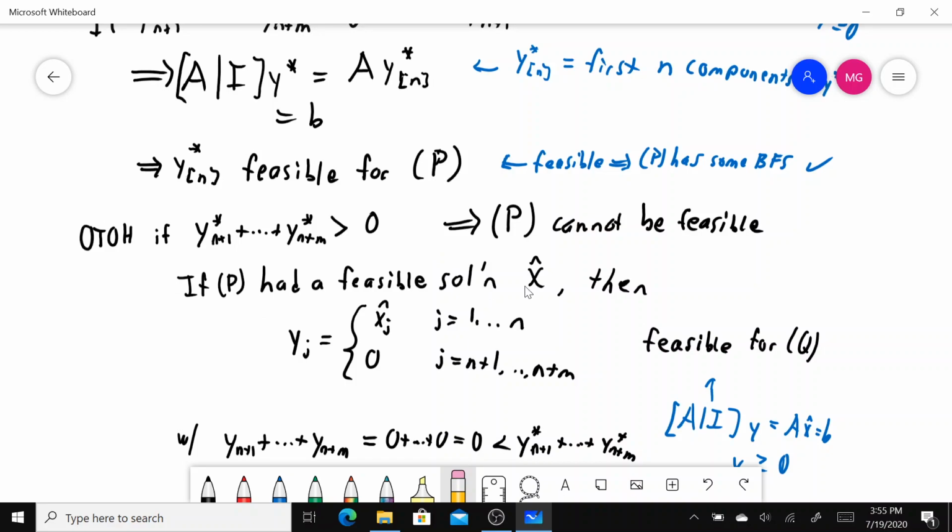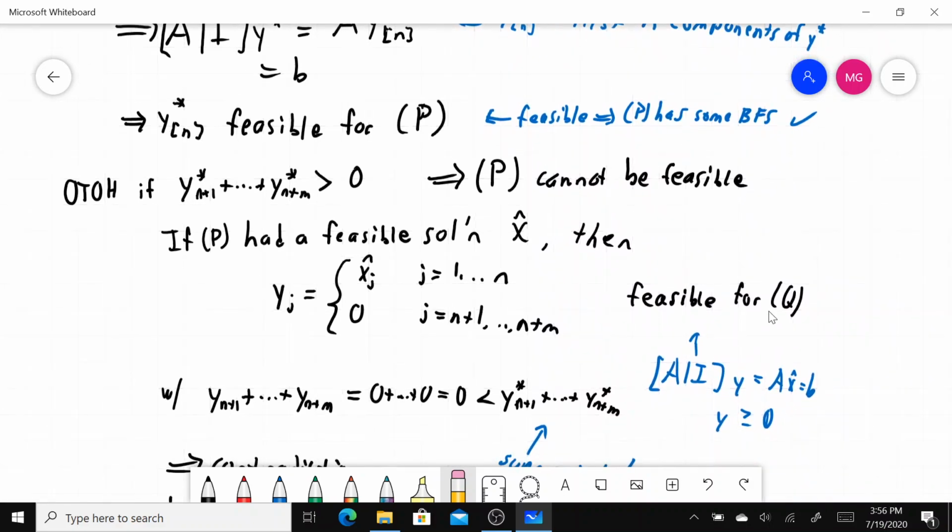So let's do it in detail. If P did have a feasible solution, call that x hat, then you can construct a solution to the auxiliary Q like this. The first n components of y are just the corresponding components of x hat, and the last m components are all zeros.